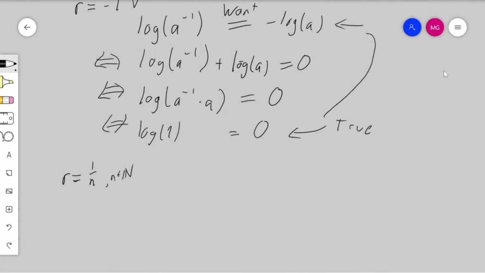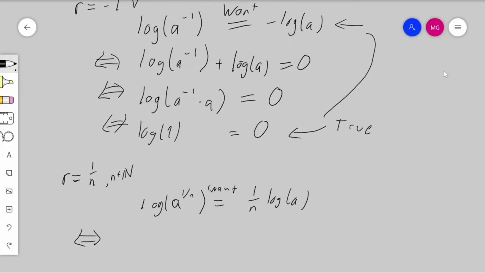And so, again, we're going to have something that we want here. So log of a to the power 1 over n, we want this to be equal to 1 over n times log of a. And so, again, we're just going to do some algebraic rearrangement and arrive at a statement which we already know to be true, thereby justifying this statement here.